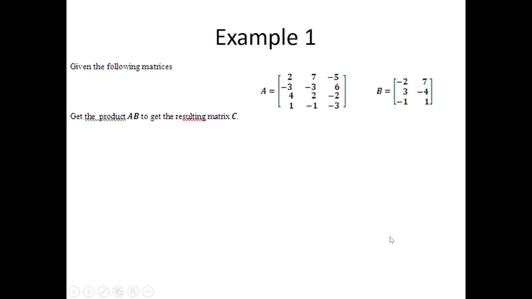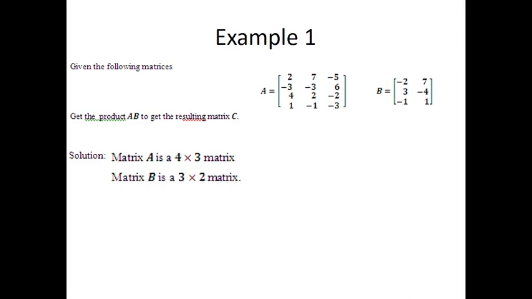So, this is the example. I have here matrix A and matrix B. We are to get the product AB to get the resulting matrix C. Matrix A is 4 by 3. Matrix B is a 3 by 2 matrix. 4 rows, 3 columns. 3 rows, 2 columns.